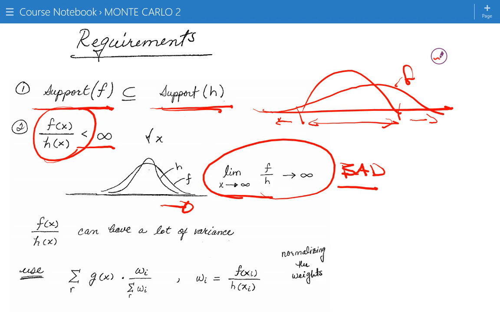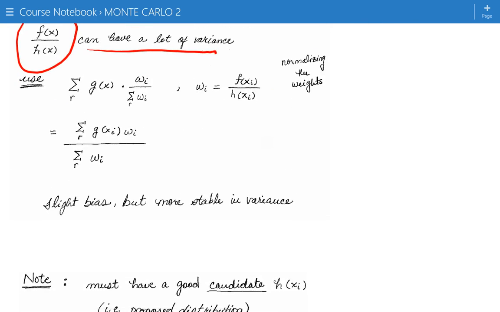So you need a good candidate for h so that it behaves well relative to the distribution that you're interested in. But because of this, this can generate a lot of variance. So there's a way to stabilize the variance. The way to stabilize the variance is to create a weight, which is what we call the ratio of f to h, and then sum those weights across all of the random draws you did, so that you can essentially get a normalized weight.